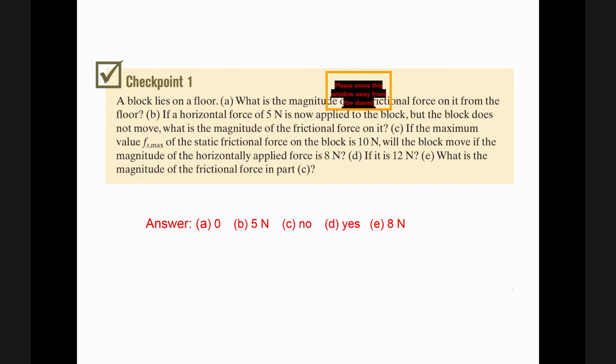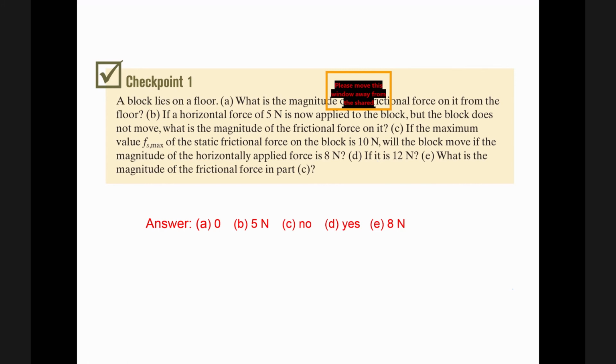Beyond the 10, the object will slide. So if the cap, the Fs maximum, is 10 and you applied 8, it will not move, it will stay stationary. If you apply 12, but the cap is 10, it will move, and the friction in part D becomes kinetic frictional force.